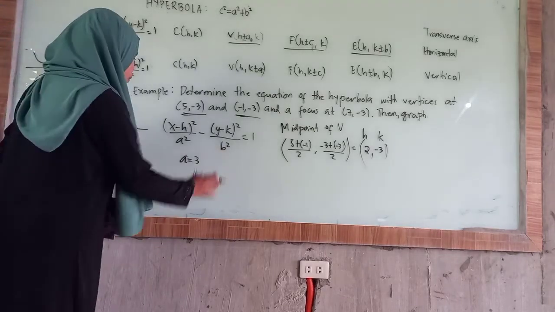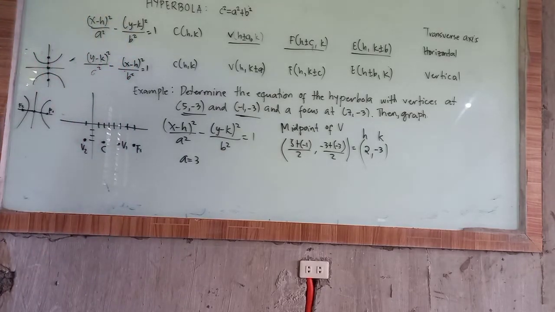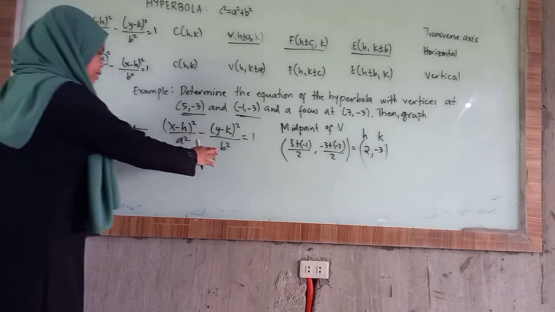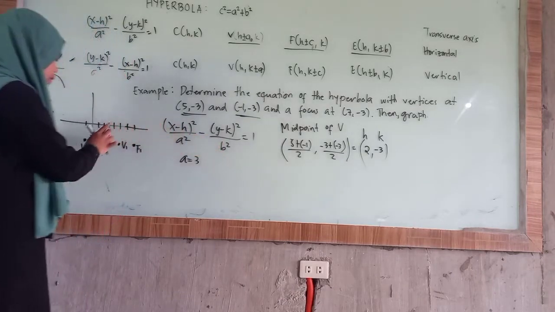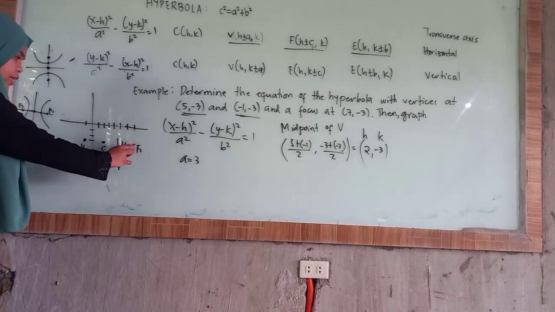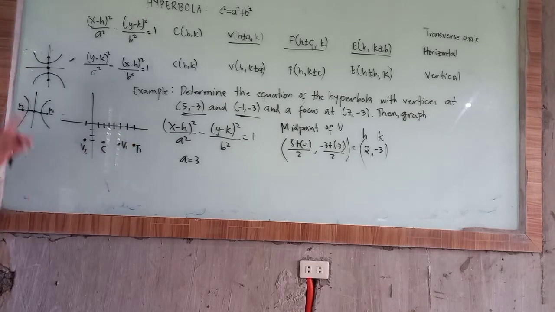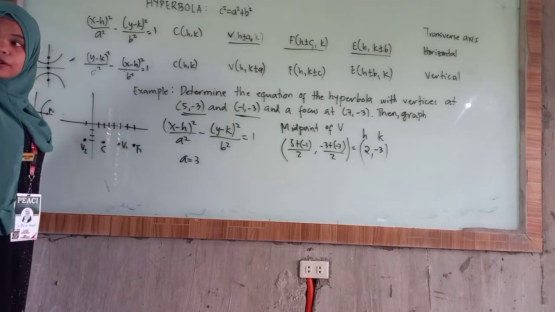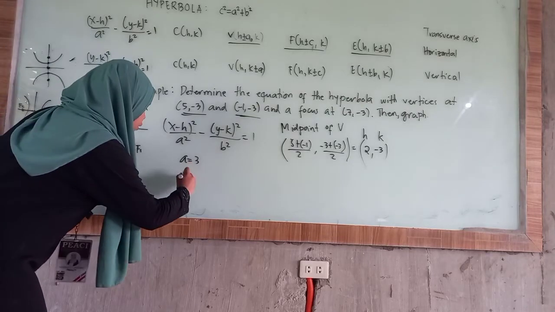Okay, paano ko naman makukuha yung B? B, that is the distance from the center papunta sa endpoints. Kaso hindi given yung endpoints, no? So, since given yung isang focus, so I can determine the value of C. Okay?